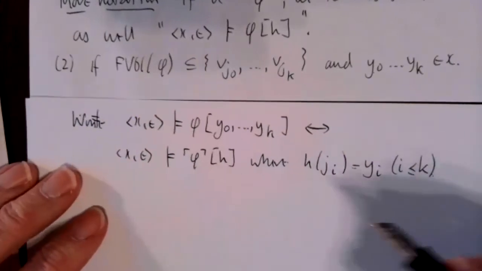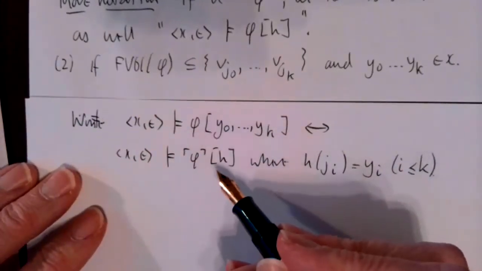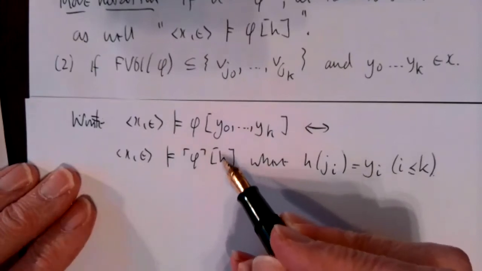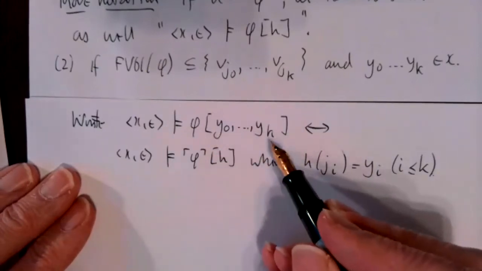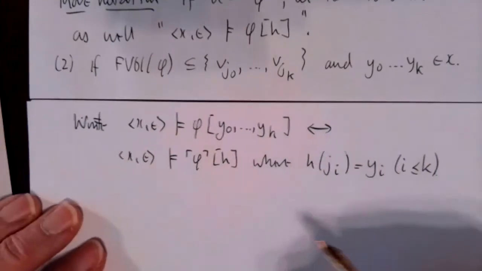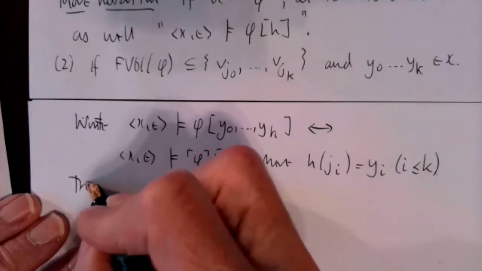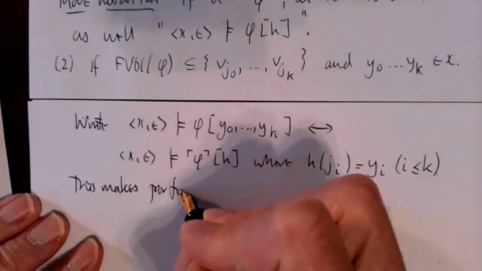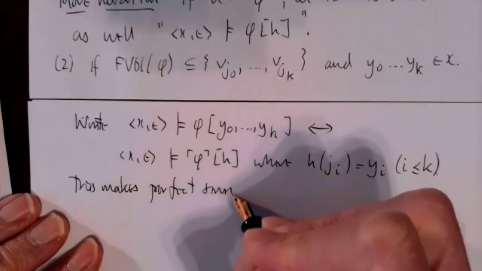Now, just note this makes perfect sense because the truth or falsity of the formula just depends upon the free variables, what we put in for the free variables that are there. Perfect sense.